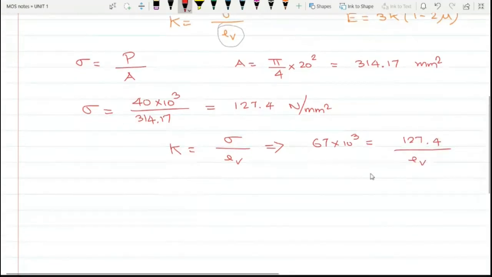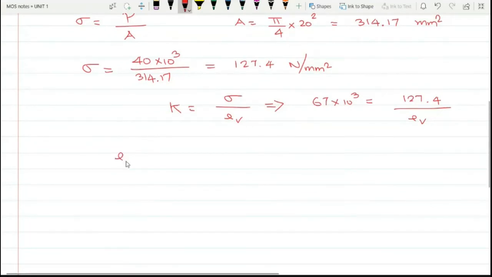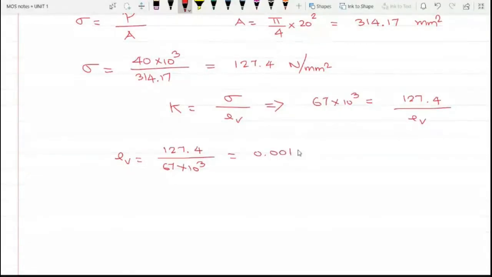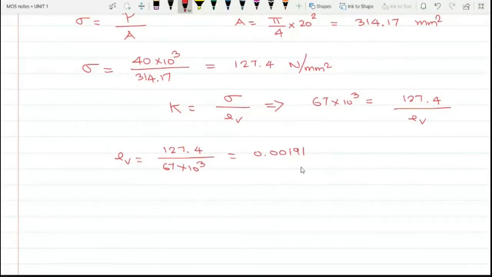I can cross multiply, and I get EV is equal to 127.4 divided by 67 into 10 power 3, which is 0.00191. So now I got the value of EV. This is over.